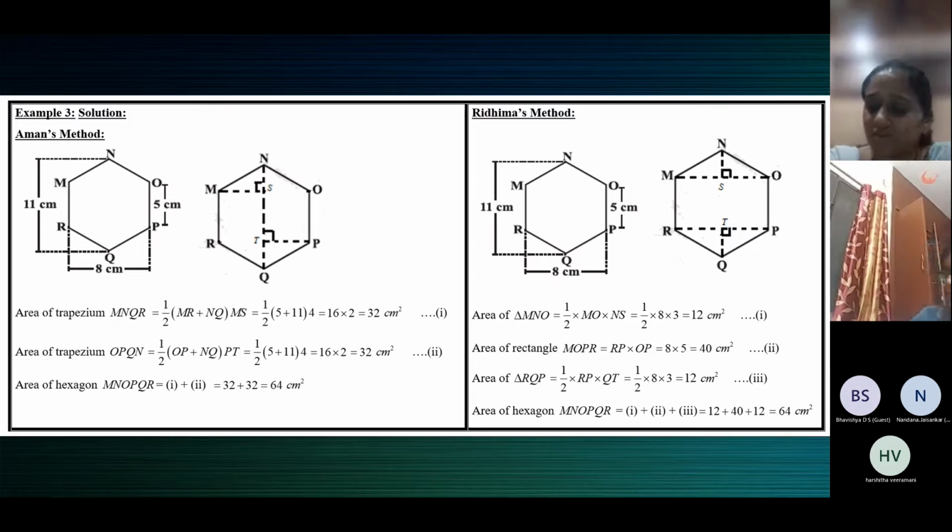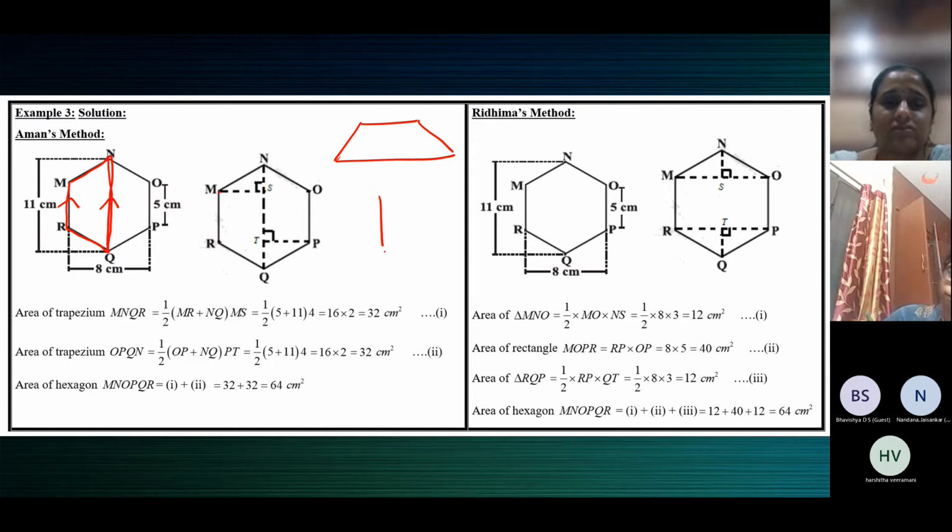Okay. So this one is a trapezium. Aman has divided the hexagon into 2 trapeziums. One trapezium is here. He's connected NQ. MRQN is a trapezium with this side parallel to this side. See, just rotate this trapezium. It looks like this.